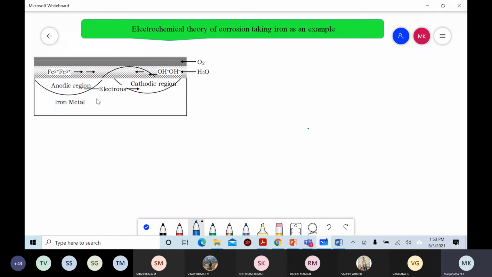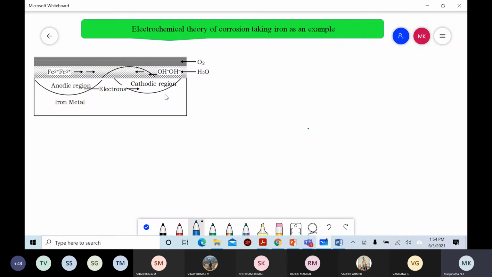For example, see this is one iron metal. This iron metal is exposed to the conducting medium. See, this portion is oxygen and this portion is moisture. Once it is exposed to this type of conducting medium, this portion acts as an anode and this portion acts as a cathode, in which at the anode an oxidation reaction takes place and at the cathode a reduction reaction takes place.